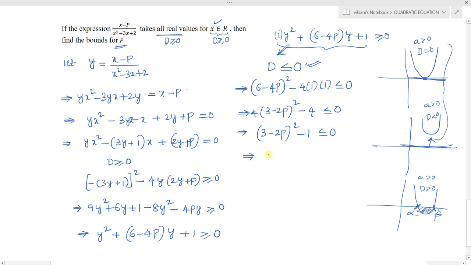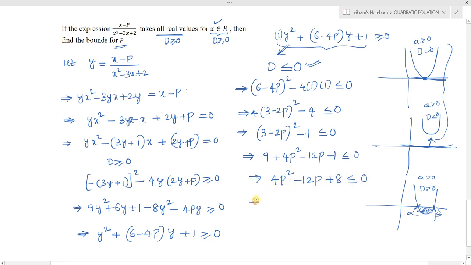Then we can write this in the form 9 plus 4p square minus 12p minus 1 less than or equal to 0. Then we obtain 4p square minus 12p plus 8 less than or equal to 0.